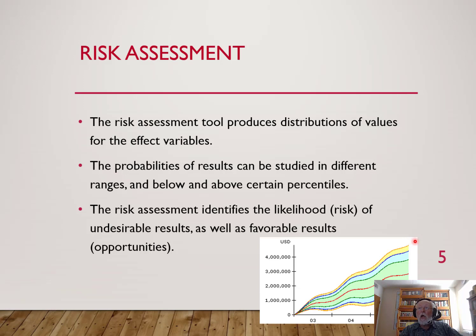And you can reply with a probability as to whether, for example, the profit will exceed this amount, which seems to be about $3,500,000. So it looks like there's a 50% probability it will be above that, and a 50% probability that it might be below that. Okay?